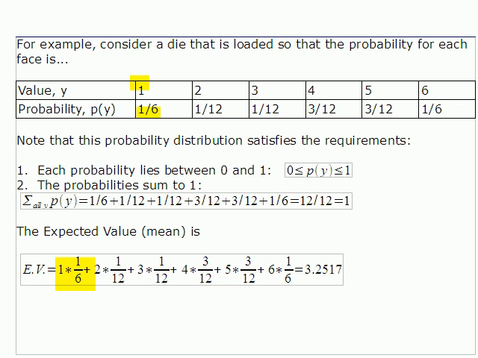Then you go 2 times 1/12, and you multiply those and add. And you go through the whole list, 6 times 1/6, and that will be your last term here. You're adding up all these terms. This is your expected value, 3.2517. Okay, you'll never, of course, roll a 3.2517, but that is the expected value. It's more useful in other calculations.